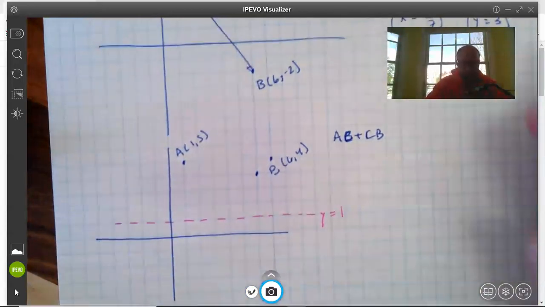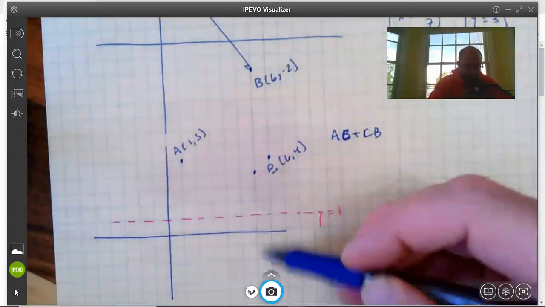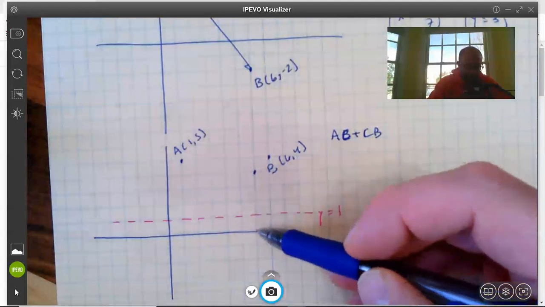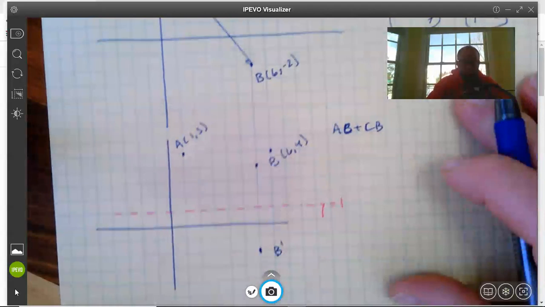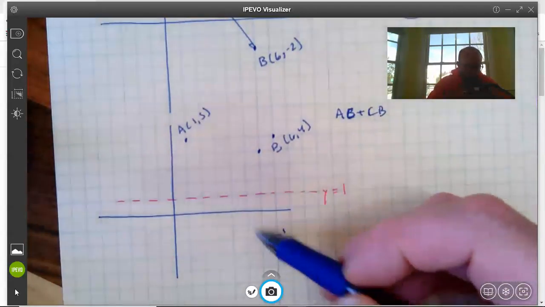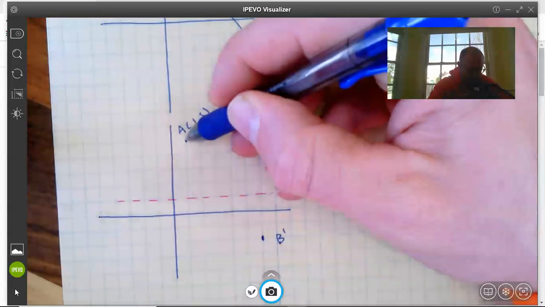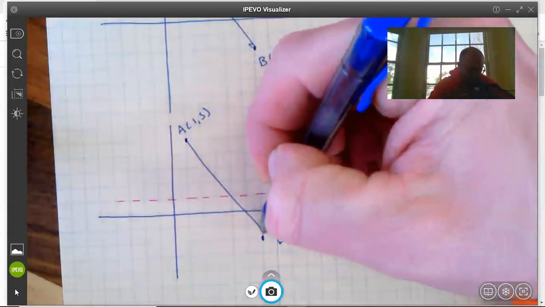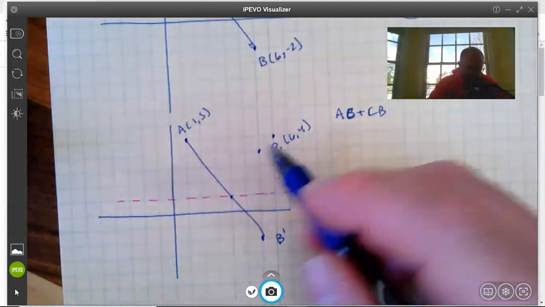So there's a trick here. What we're going to do is reflect B across this line, 1, 2, 3, 1, 2, 3, down here to B prime. Now any point on this line will be the same distance from B prime as it is from B. So what I need to do now is just connect A and B prime with a straight line, and C ends up being right here.